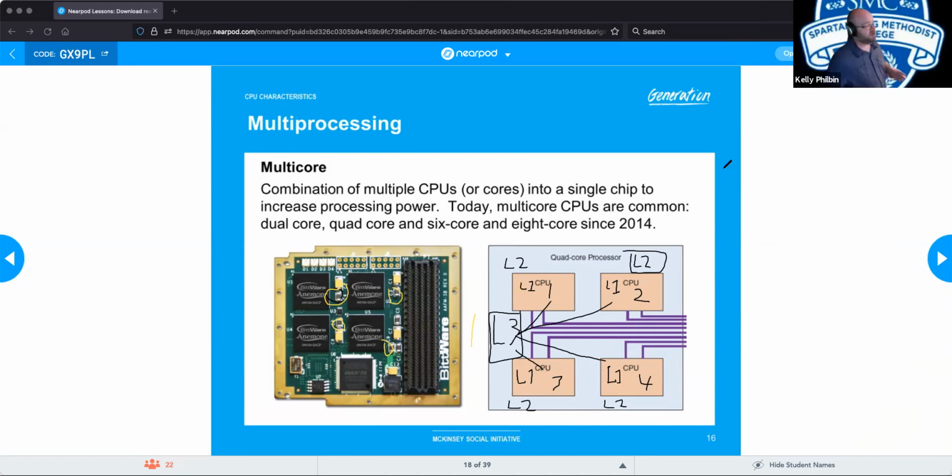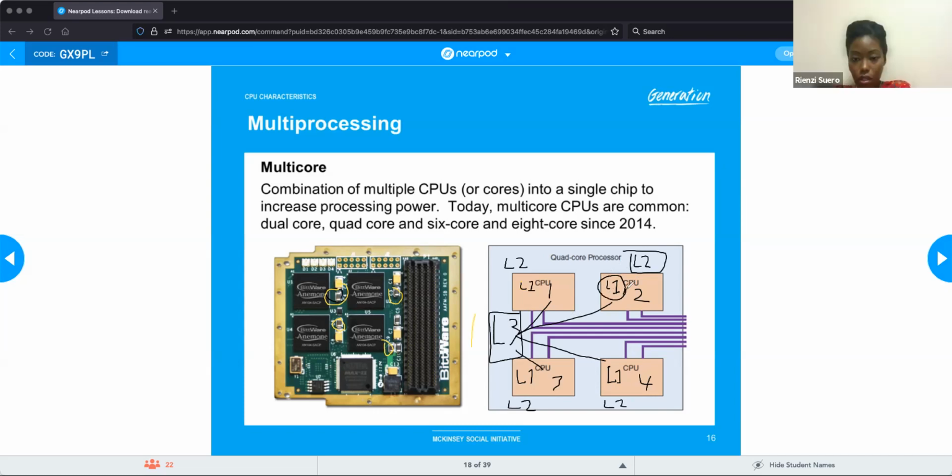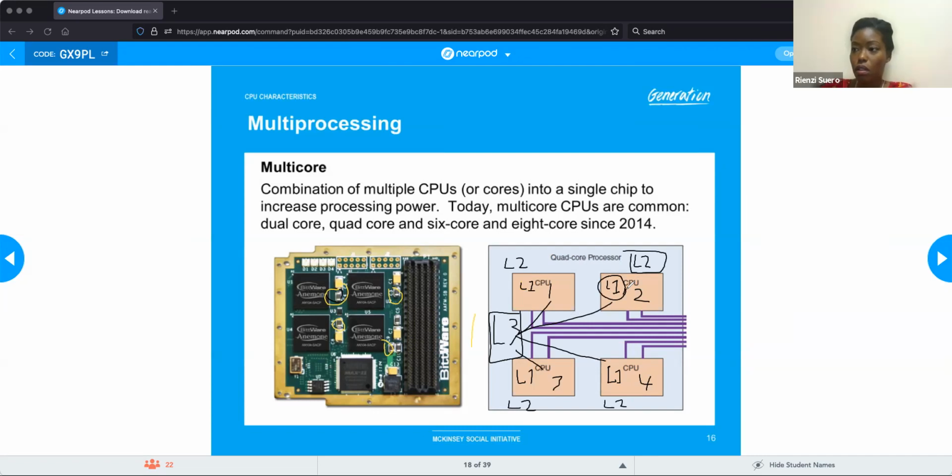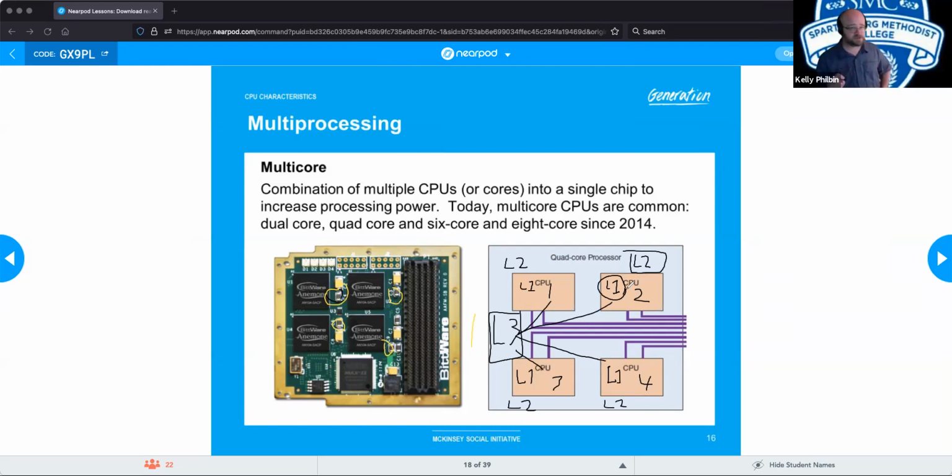Okay, L1, with regards to computers, always try to bear in mind, distance from where you're trying to be makes a difference, a huge difference. So the L1 is built right on top of that central processing unit right here. So it's built on top of it. So it's gonna be hands down the fastest. It's gonna be the most expensive to integrate. And it has the least amount of storage.